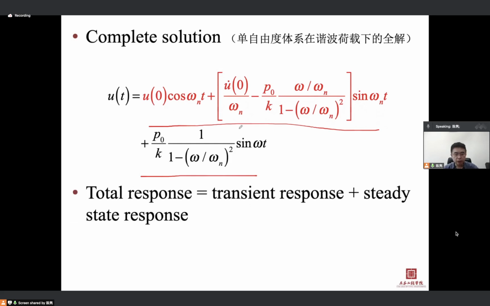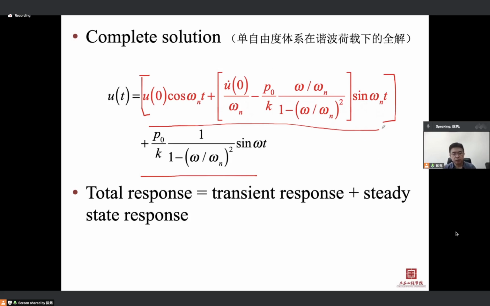And this part in red, we call it transient response. And this part we call steady state response. The transient response, because if there's damping, and real structures always have damping, later we'll see there's a damping part here, this part will dash out because of the damping, which means the amplitude of this part will become smaller and smaller, very quickly.